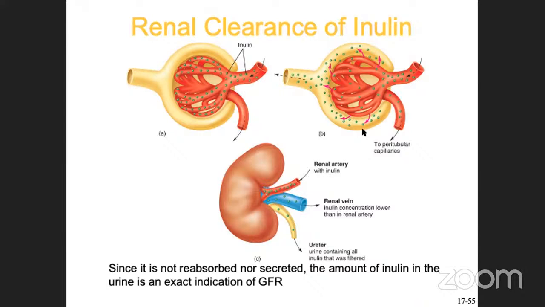Since it's not reabsorbed nor secreted, the amount of inulin in the urine is an exact indication of the GFR. So whatever amount you put into the kidney, passing through the afferent arterioles or glomeruli, the same amount should leave the kidney. This is to measure how well your kidney functions.